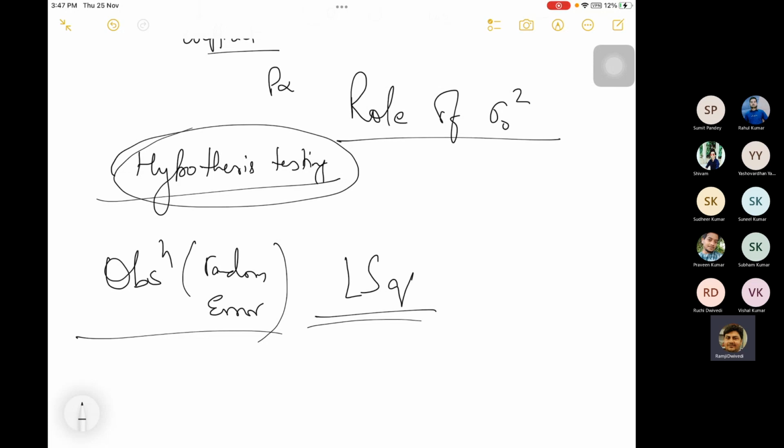And the second point is the relative weights or assigned variances of the observations should be reasonable and as expected in practice. And the third one is the mathematical model should be realistic, representing the true relationship between parameters and observables. So hypothesis testing will only be applied if these guidelines have been followed.